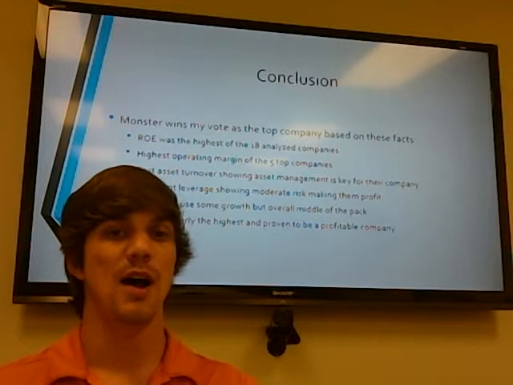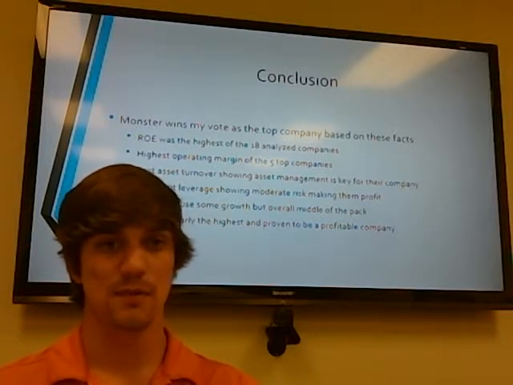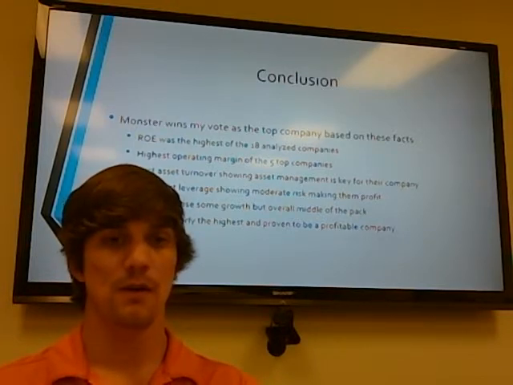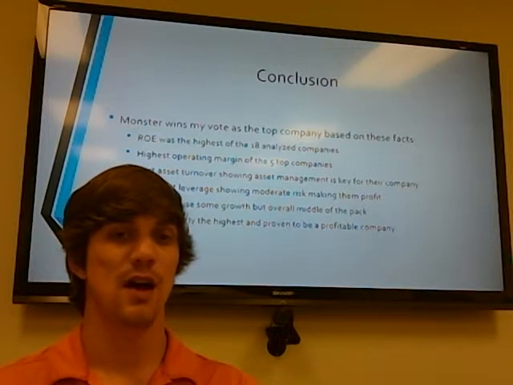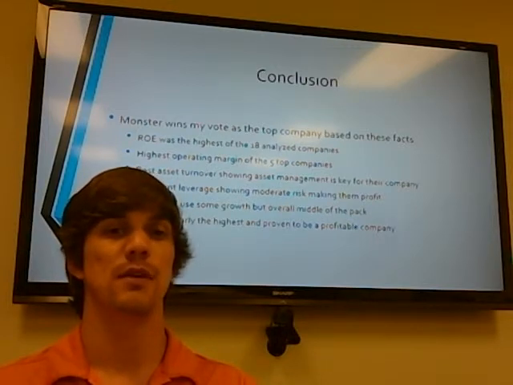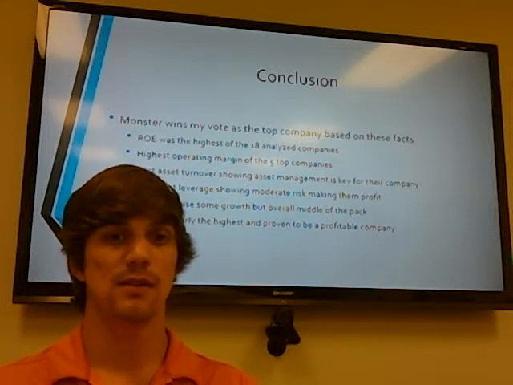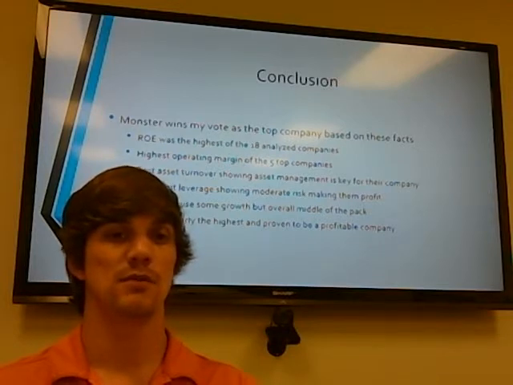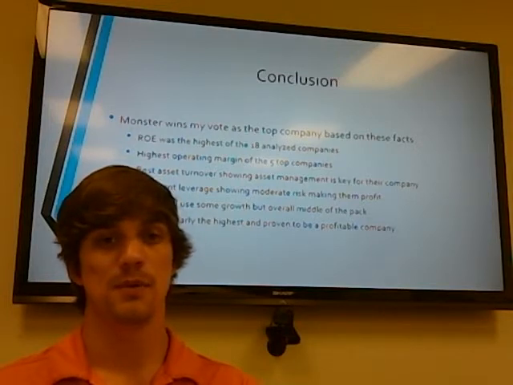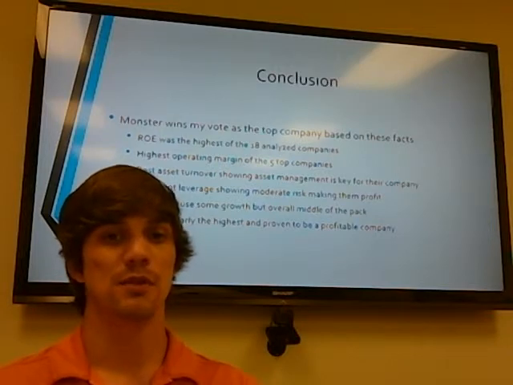Their ROE was the highest of the 18 analyzed companies. They had the highest operating margin of the top 5 companies. They had the best asset turnover, which is really key, showing asset management for their company. Sufficient leverage, showing moderate risk, making them profit.